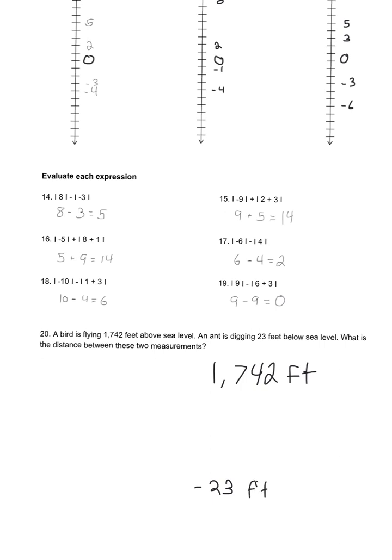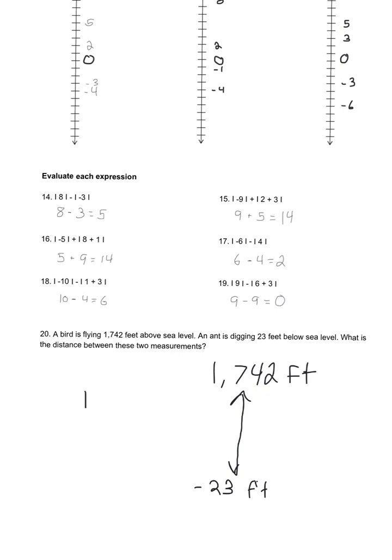What is the distance between these two measurements? Because negative 23 is below ground, we are going to add that 23 to figure out the distance between the two.